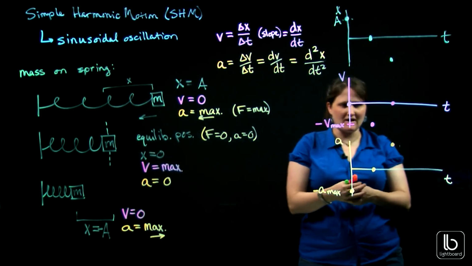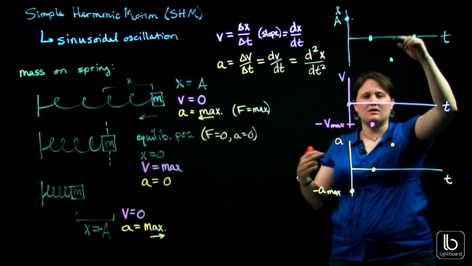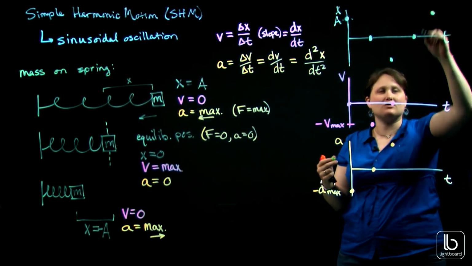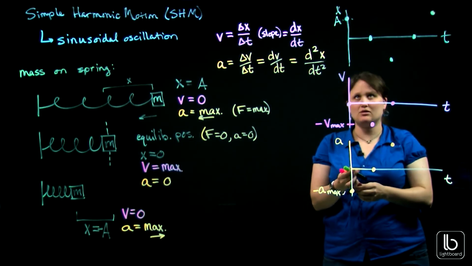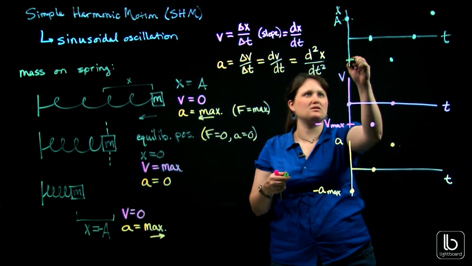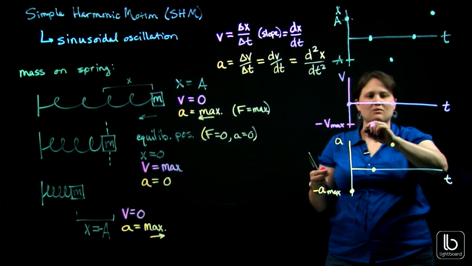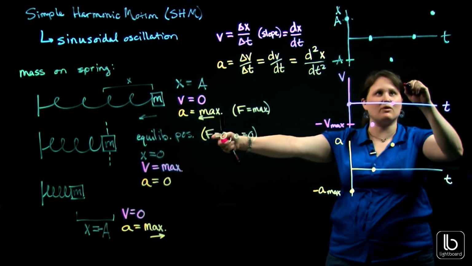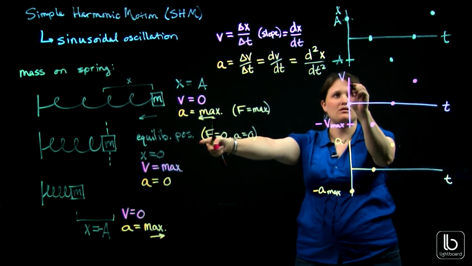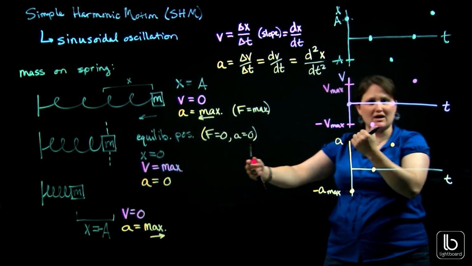Now we go back out. So we go here, and then it doesn't take a whole lot of imagination to see we're just going to work our way back up. So we get back to our maximum amplitude. And just so we're clear, this is negative amplitude here. And then we hit the middle point in this case, where we have a positive maximum velocity as we're moving back through this way.